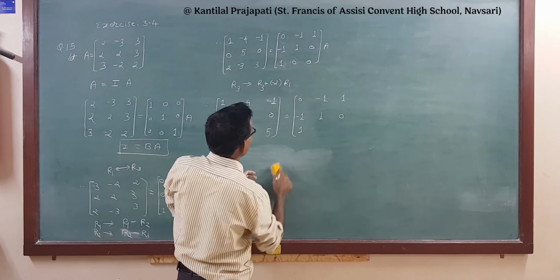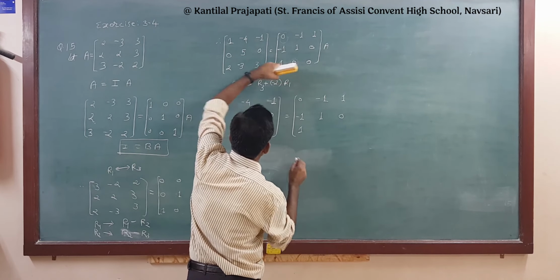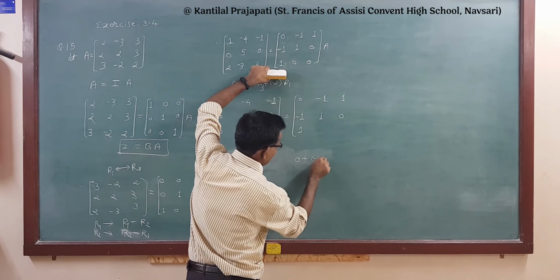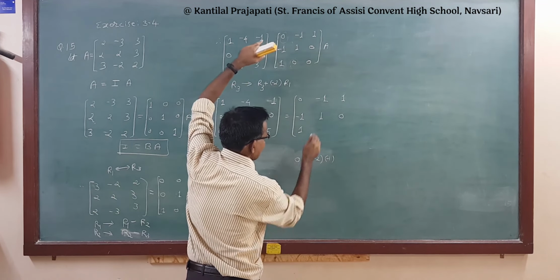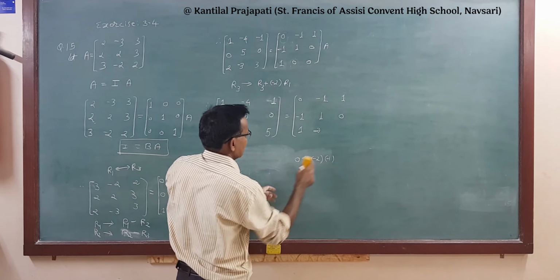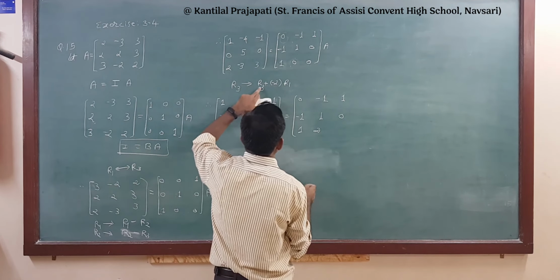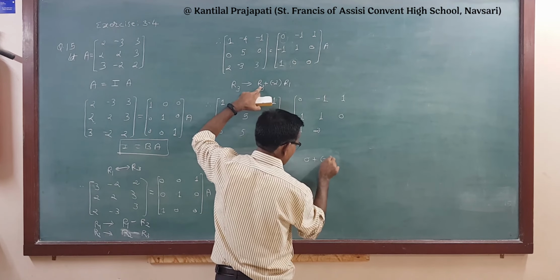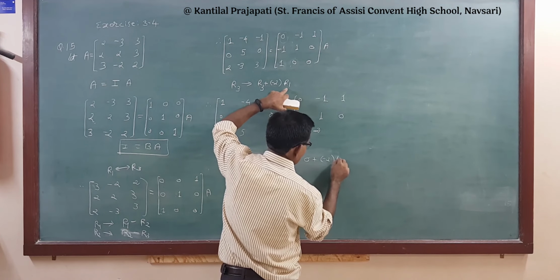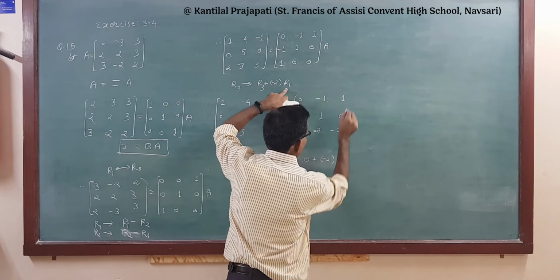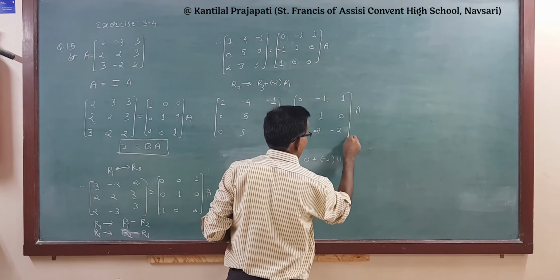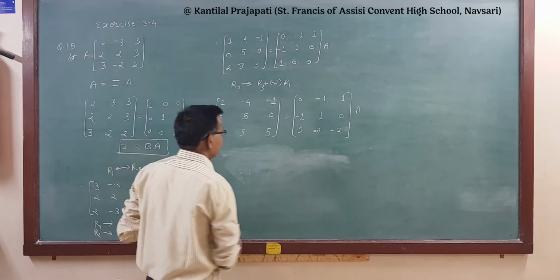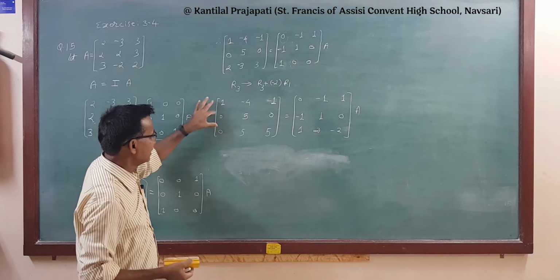Next, the second element, we write 0 plus minus 2 times R1, which is minus 1. So 0 plus 2. Now the third element is 0 plus minus 2 into R1, that is 1. So you get minus 2 here, into 8. So we get 0 here.